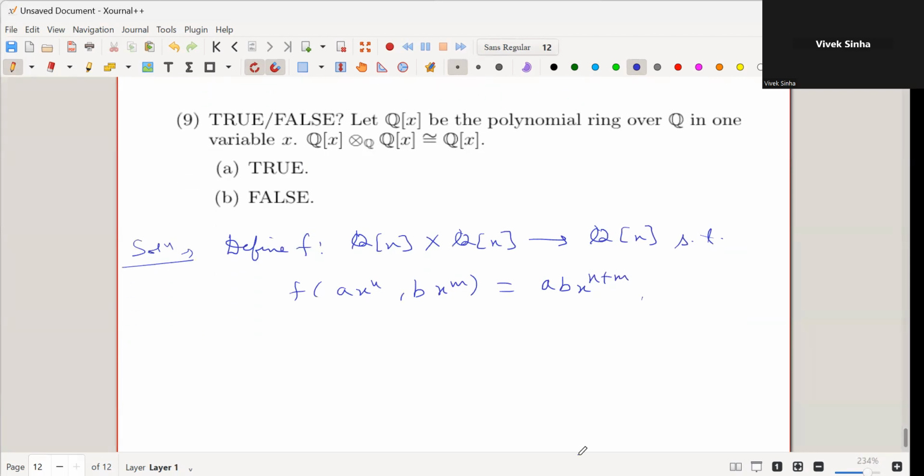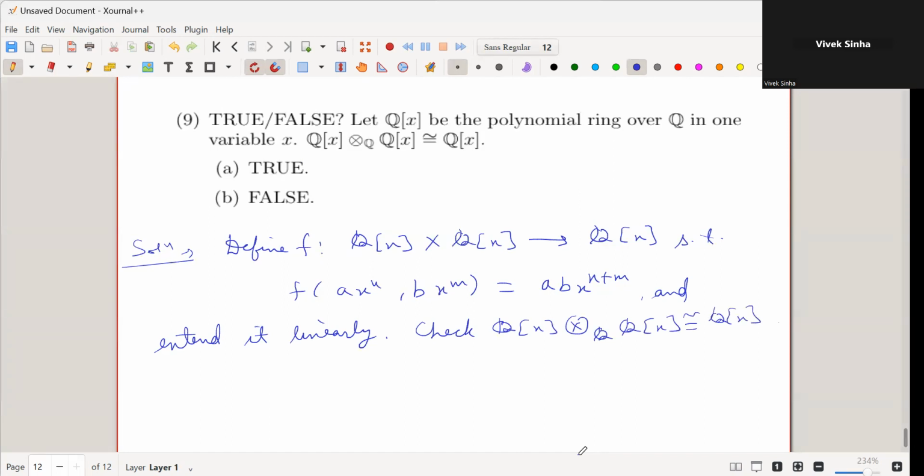You extend it linearly. Okay, and then check that this is actually true. By the same universal property, again you will get that this is actually isomorphic to Q[x]. So this is true.